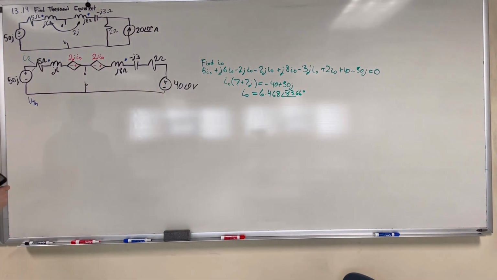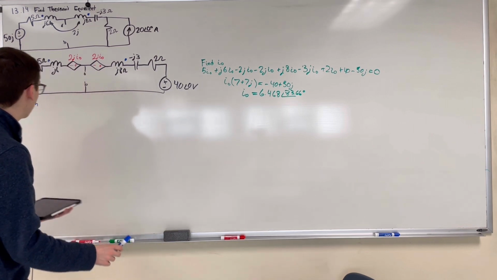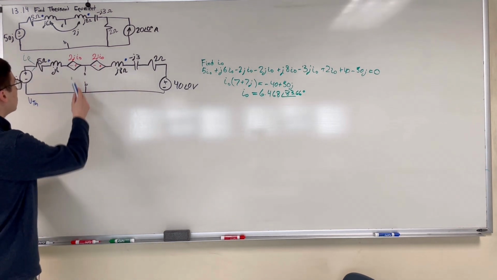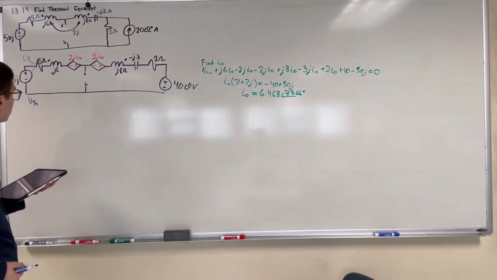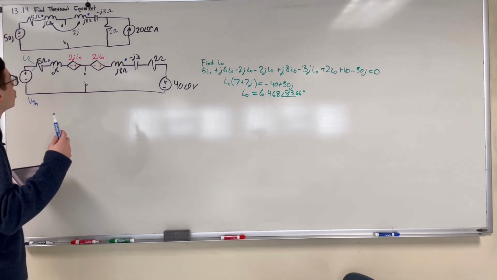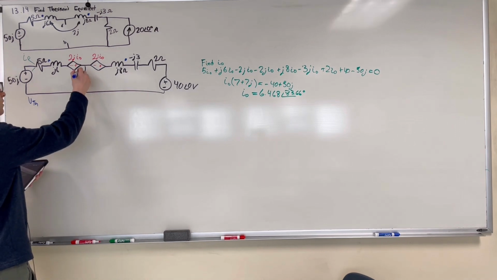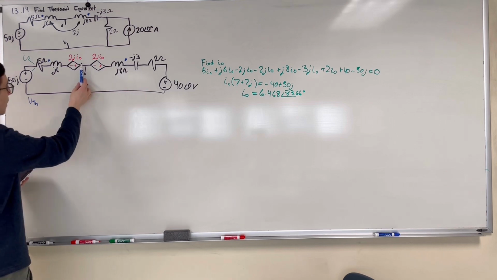Sweet. Now that we have IO, we can now solve for VTH. What I'm going to do is just do this right side, because there are fewer components. It's a little trick I'll show you guys. You're going from positive to negative terminal, so I'm going to start right here.